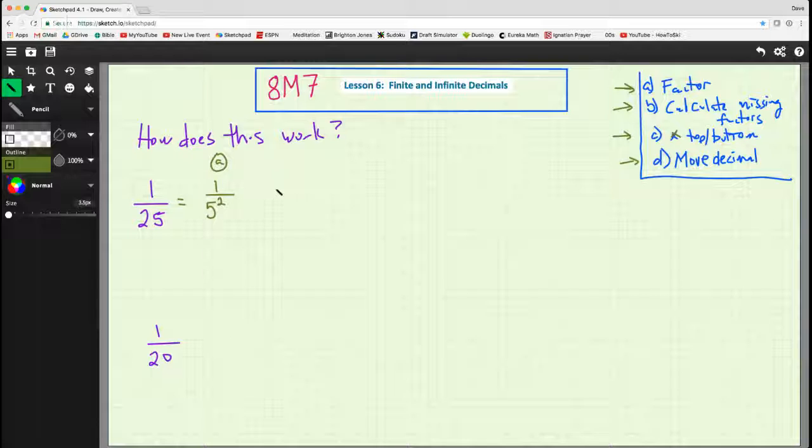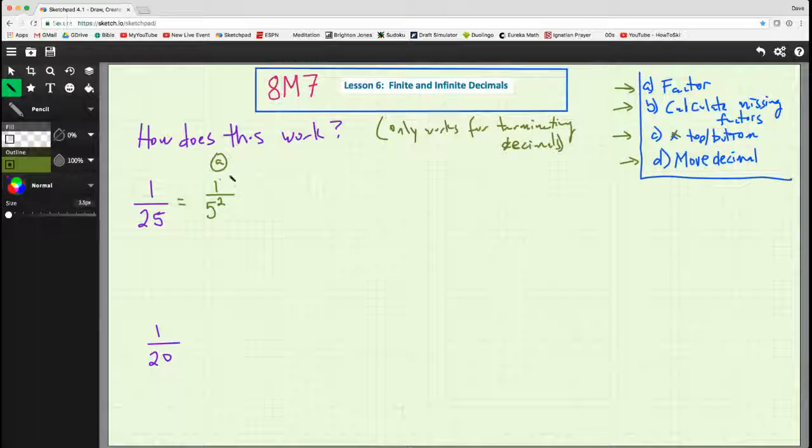squared. And remember, this only works for terminating decimals. We know this is terminating because it's only comprised of 5s and 2s.